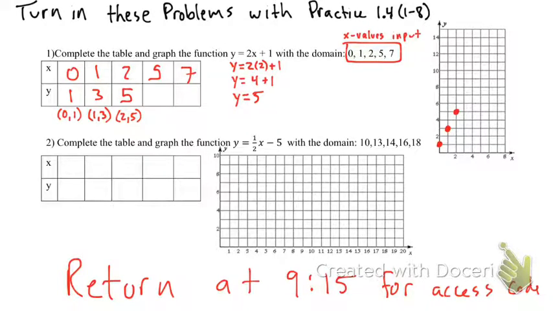And then we repeat the process for an input of 5. So let's erase this. And now I'm plugging in 5 for x. Two times 5 is 10. Y equals 10 plus 1. So that's y equal to 11. So my output is 11. So 5, comma 11.